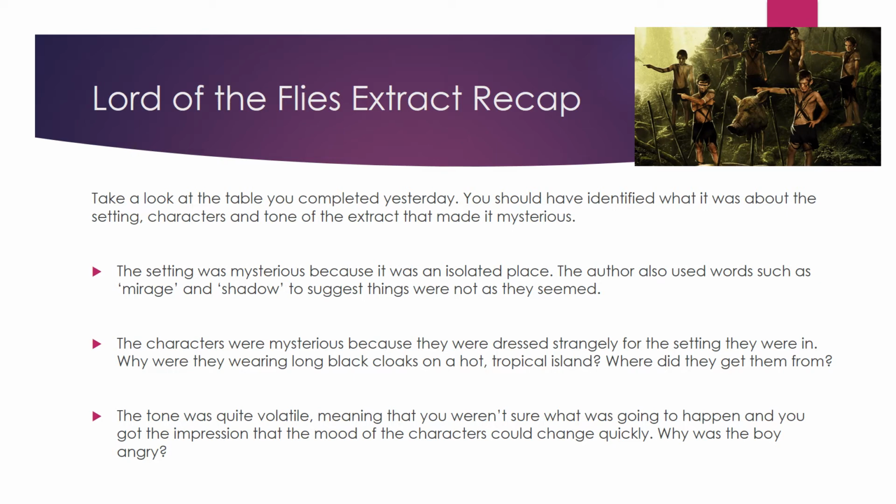They were long black robes from head to toe, which is not actually the most appropriate thing for the setting they were in. So it makes us question, why were they wearing long black cloaks on a hot tropical island? And where did they get those cloaks from? Okay, so the characters were mysterious. They started making us question the extract.